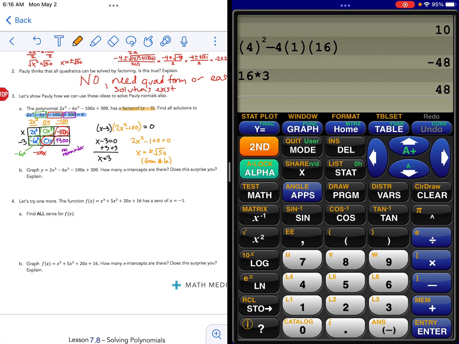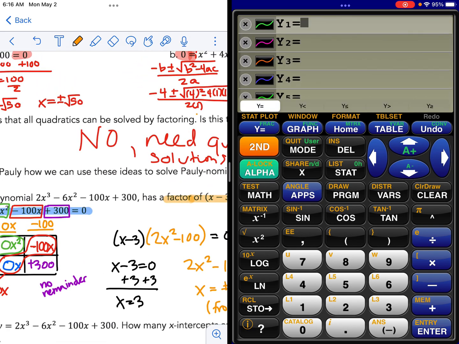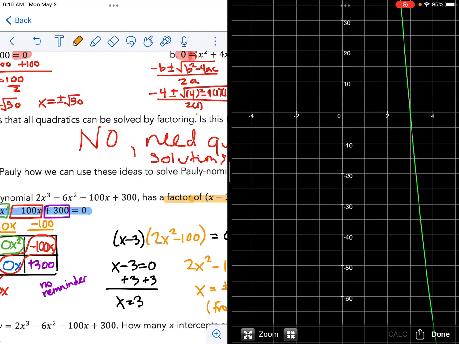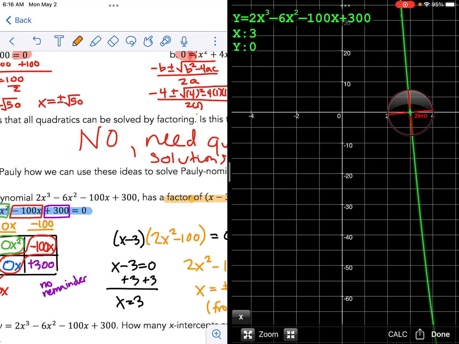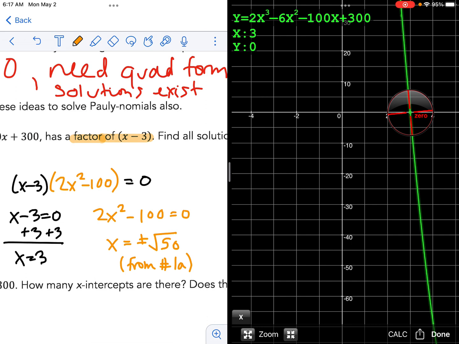Those are the zeros. We should be able to see those as x-intercepts when we graph this. So clear that out. So 2x cubed minus 6x squared minus 100x plus 300. If we graph that, there is the 3, and now we're looking for plus or minus the square root of 50.